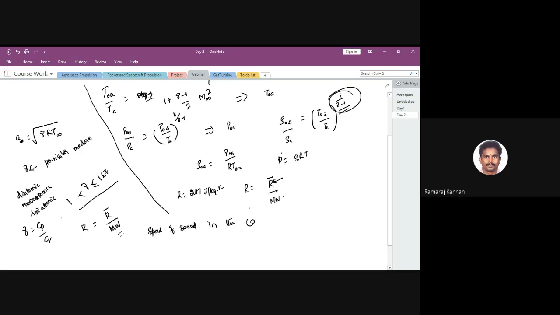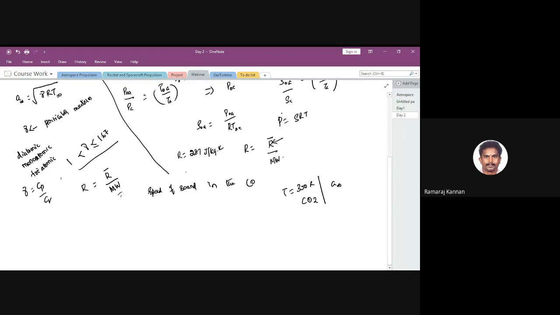For example, the temperature prevailing in a Mars environment is given as 350 Kelvin, and the Mars environment is full of carbon dioxide. What will be your A value, the speed of sound? They will say that R is R bar, the universal gas constant, divided by the molecular weight.